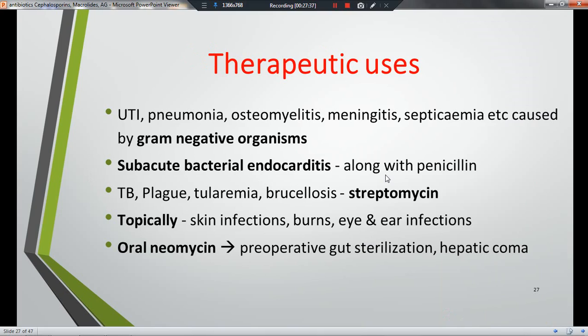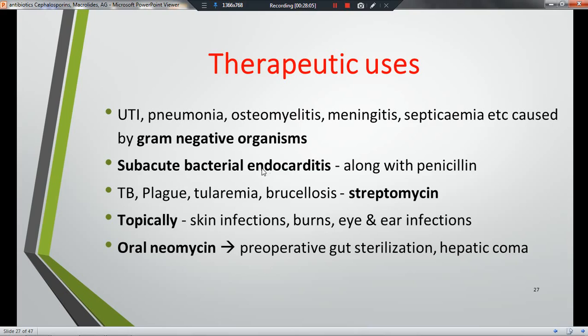So where do we use them? If you remember the spectrum, you will be able to remember the uses. Gram-negative infections: you give it for UTI, pneumonia, osteomyelitis, meningitis, septicemia, etc., caused by gram-negative organisms. Meningitis, even though it doesn't cross the blood-brain barrier, if you combine it with cell wall synthesis inhibitors, then it can penetrate.